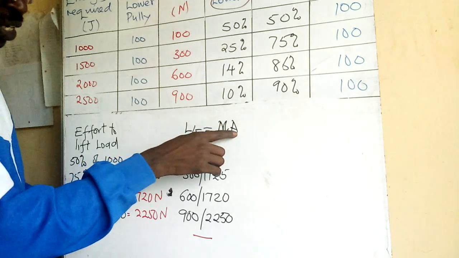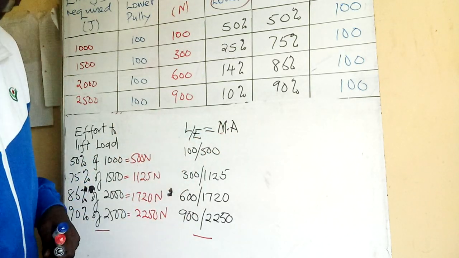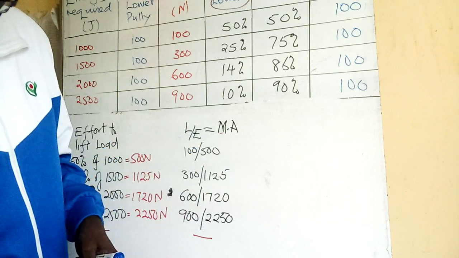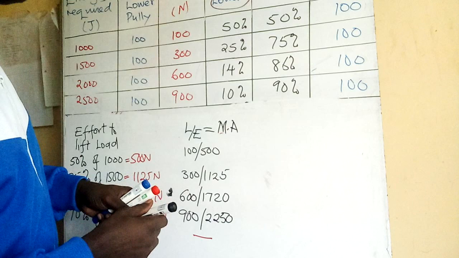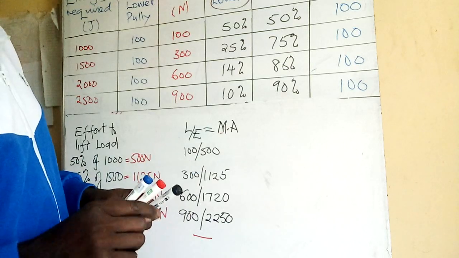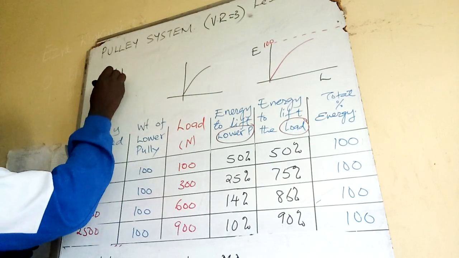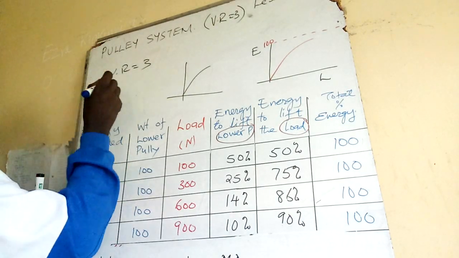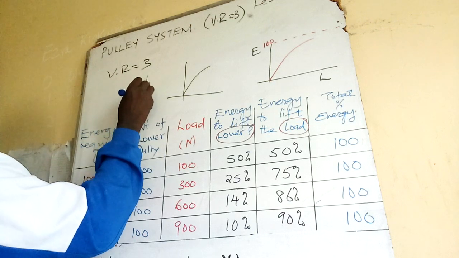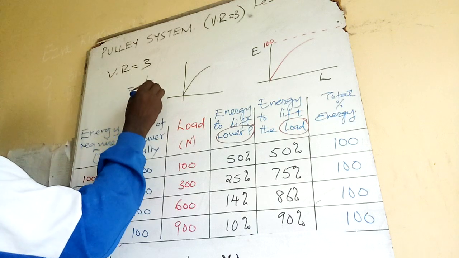So you get mechanical advantage is load over effort. After that, I want you also to get, remember I'm dealing with the velocity ratio 3. Our velocity ratio is 3, meaning that distance moved by effort over distance moved by load is 3.